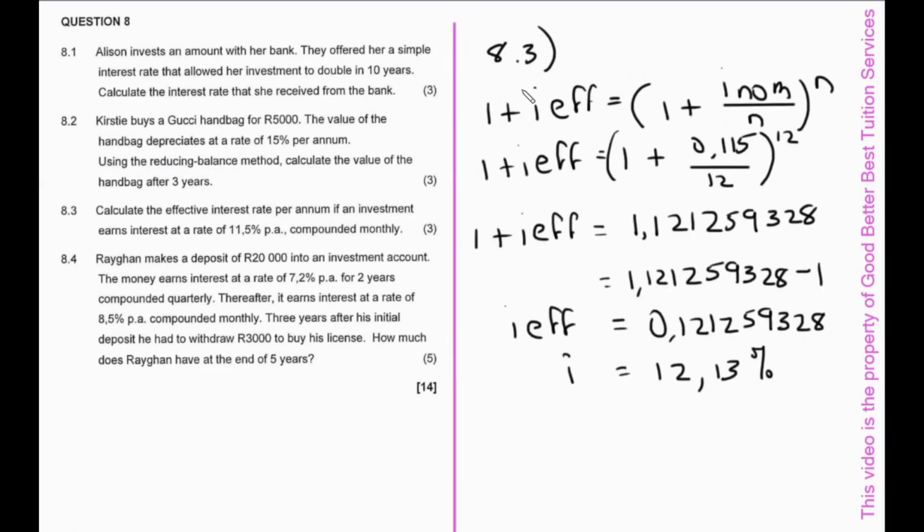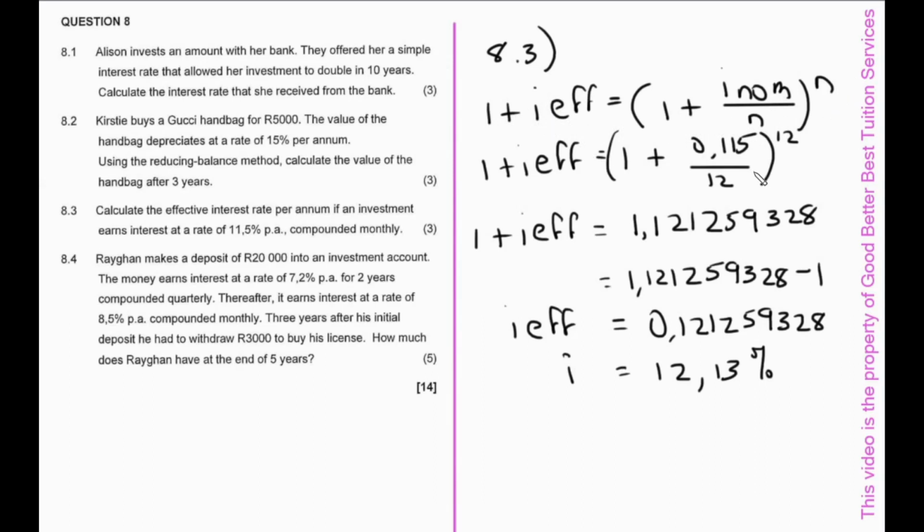In question 8.3, we deal with the nominal and effective interest rate. They ask us to calculate the effective interest rate if an investment earns at an interest rate of 11.5% per annum compounded monthly. So we use the nominal and effective interest rate formula, which is 1 + i_eff is equal to (1 + i_nom over n) to the power n.